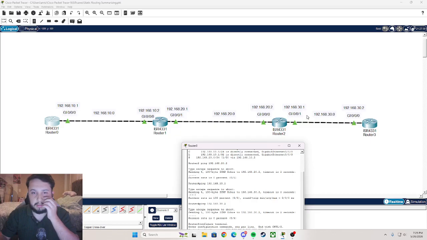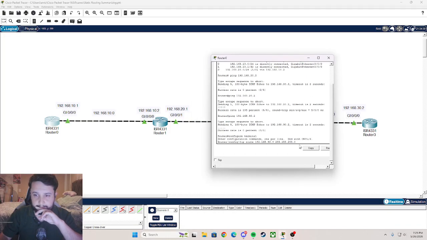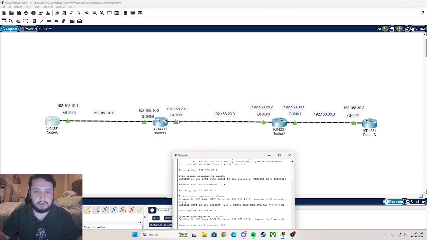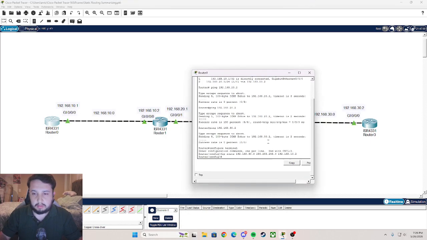You would imagine that the next hop would be this one, but actually my next hop is still 192.168.10.2, because that's just where the data will be sent next. It's a pretty easy concept to remember. Even with multiple routers, the next hop will be pretty consistent. That's set up.